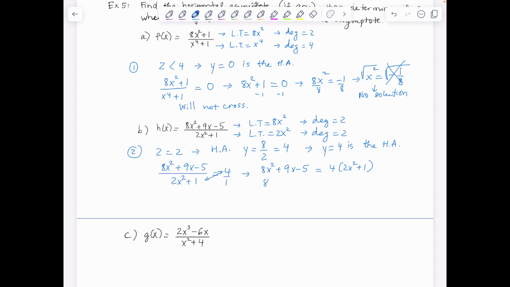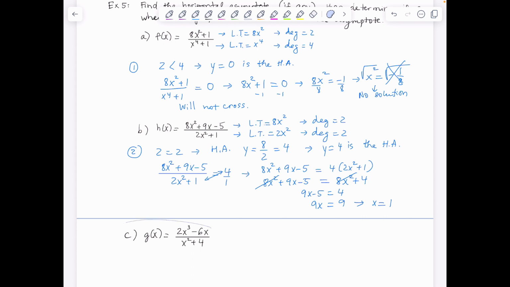Simplify the right side of the equation. I get 8x squared plus 4. I can see that 8x squared cancel on both sides, so I'm left with 9x minus 5 is equal to 4. Add 5 to both sides. I should get 9 over here, and then divide both sides by 9. I get x is equal to 1.